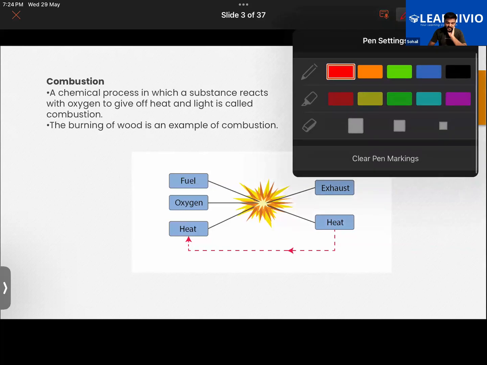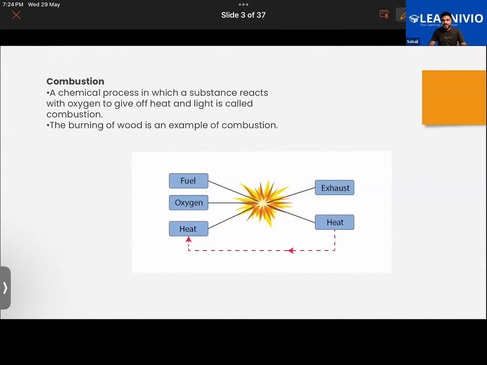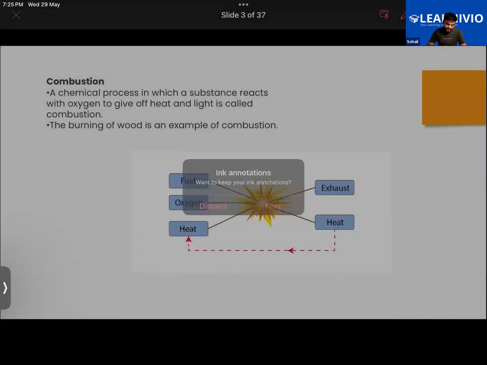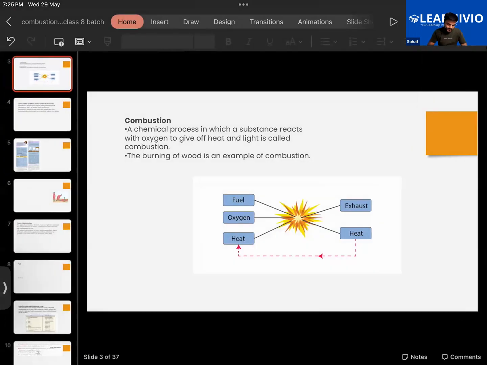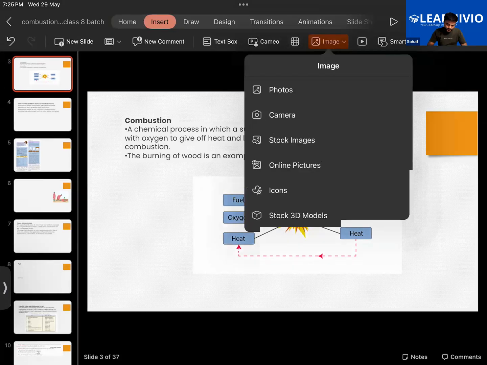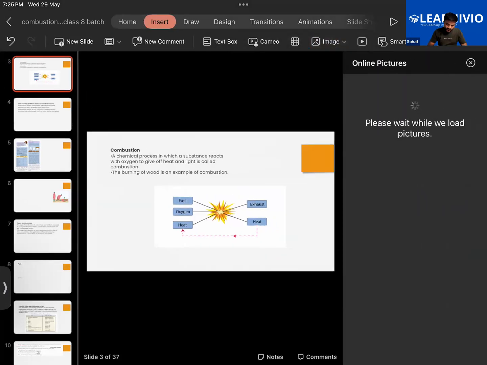Regarding the topics which I have told, you guys can ask. So can you show the picture of that anthracite? Anthracite, I believe. Okay, let me just take an online picture.